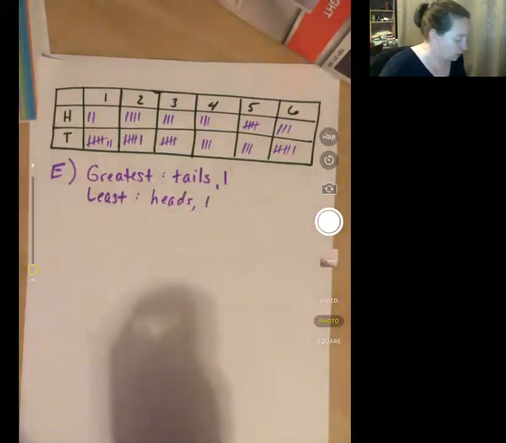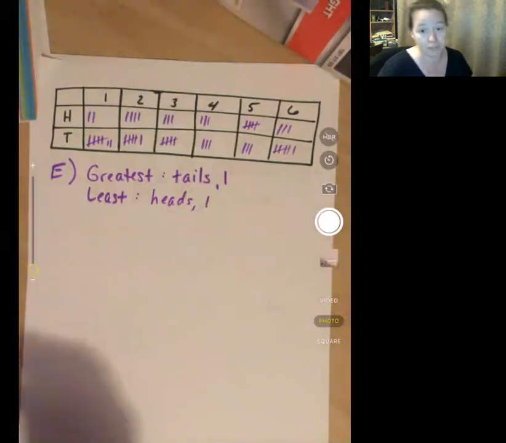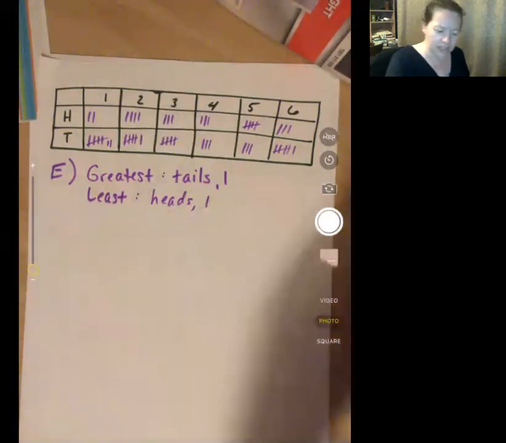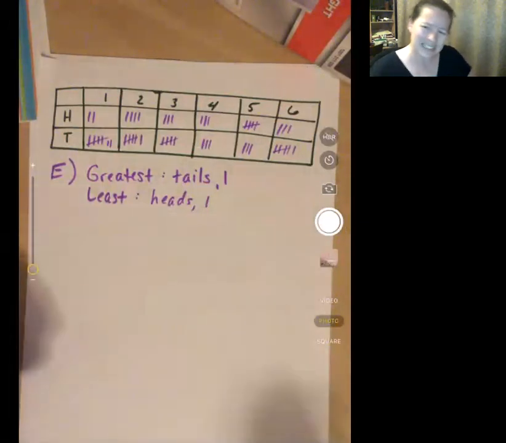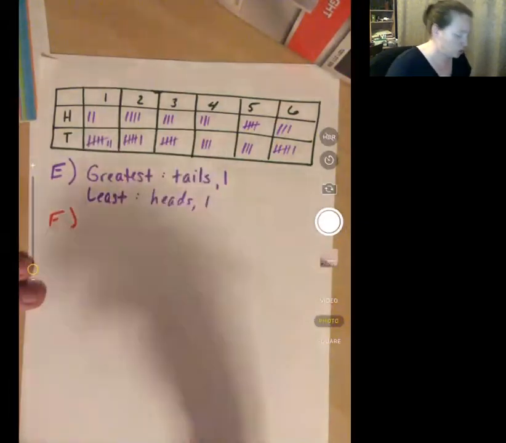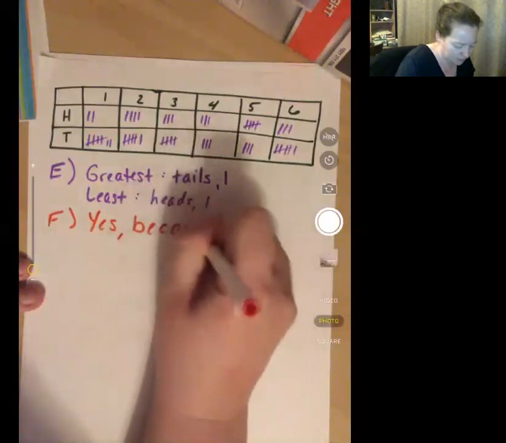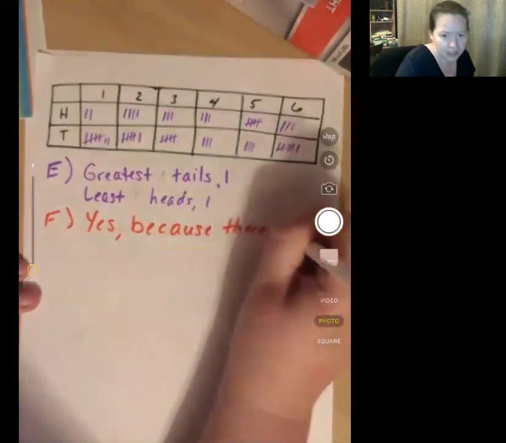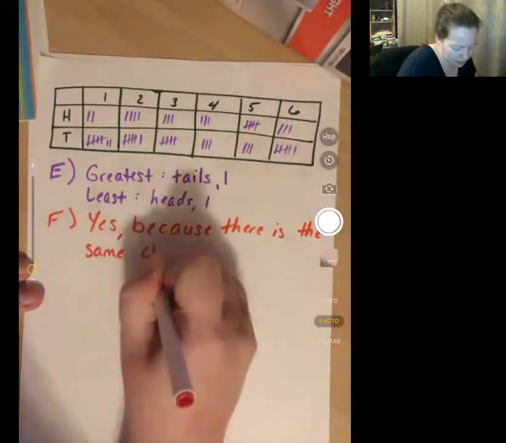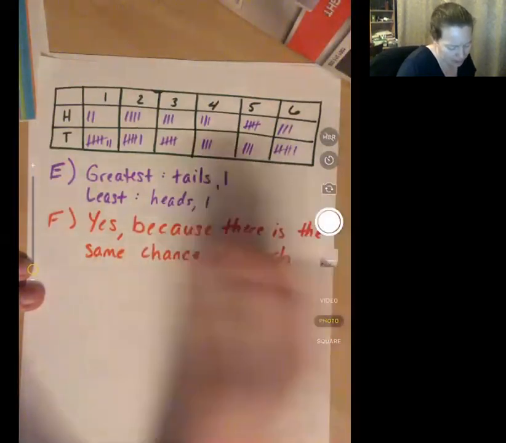So, did you expect to have the same probability for every possible combination of flips and rolls? The thing is, yes, I would have, because there is the same chance of each happening.